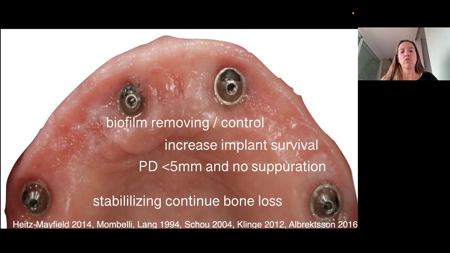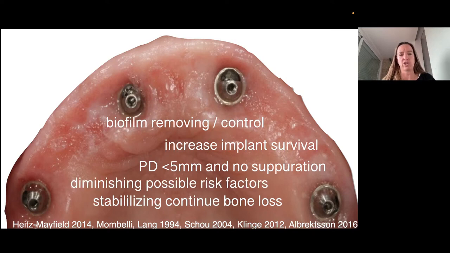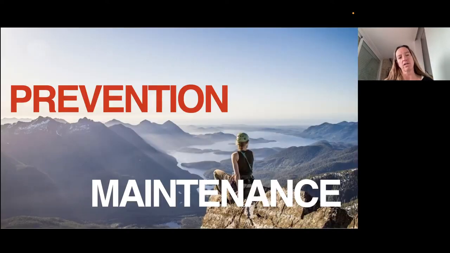And we want to remove the biofilm and to control its removal by the patient. And of course, we want to diminish as much as possible the risk factors that induce infections, the risk of infection around our implants.